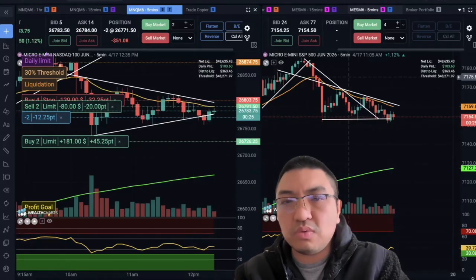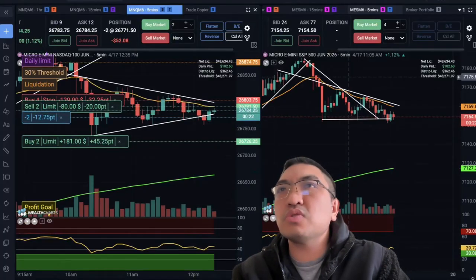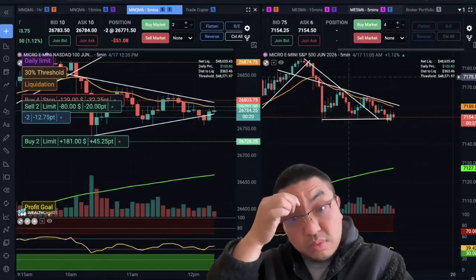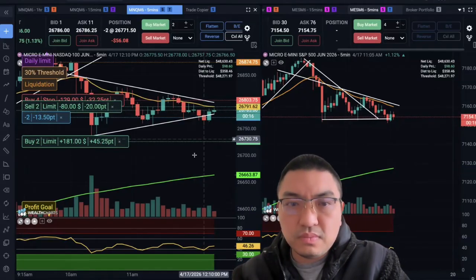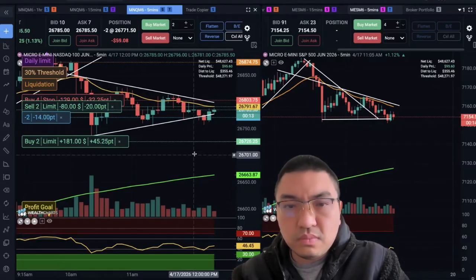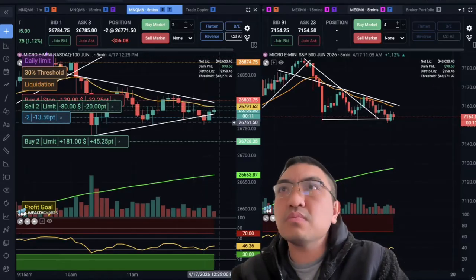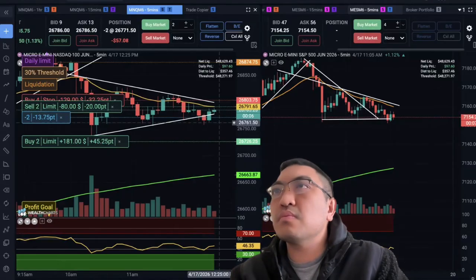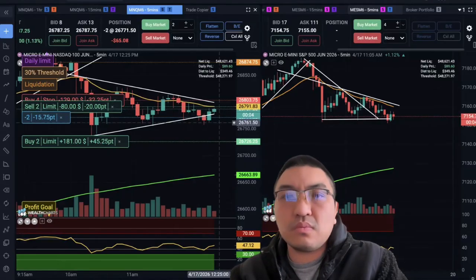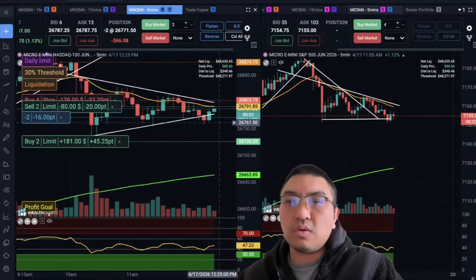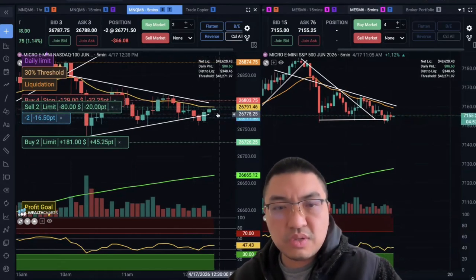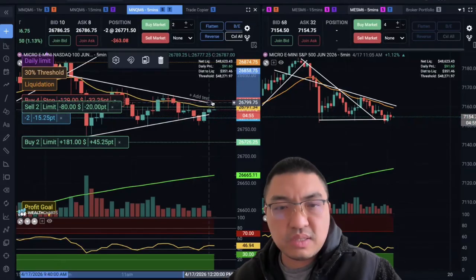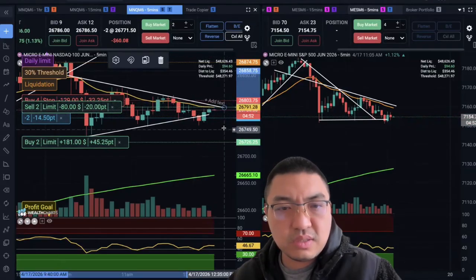No. Oh, not sure. Oh, ES got rejected. NQ is still green. That looks like here.